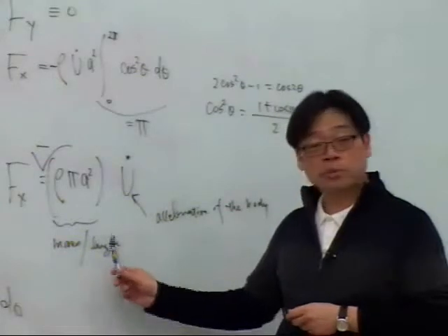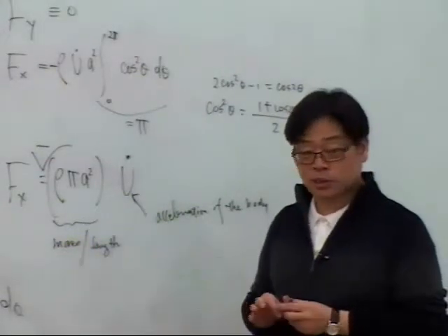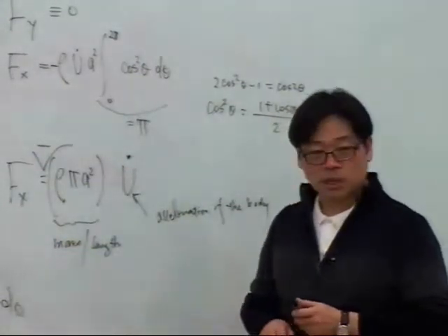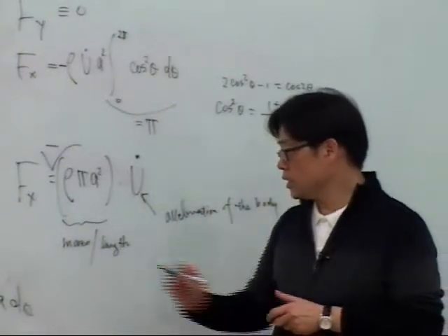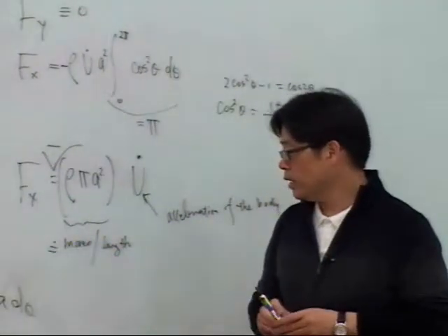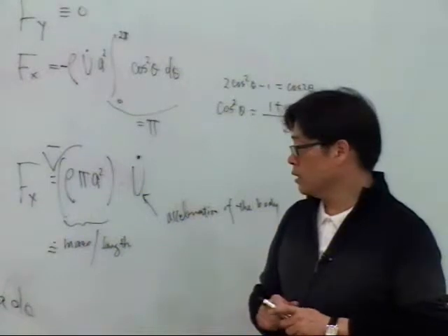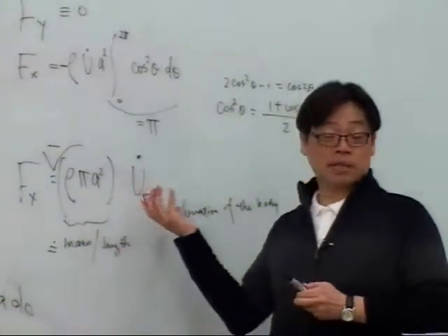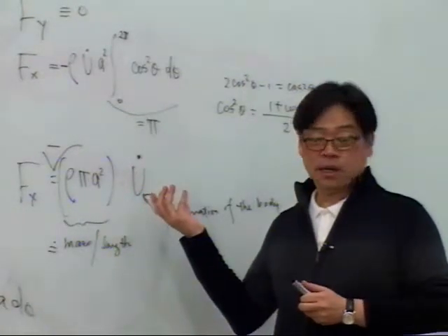We divide by length because we are looking at a 2D problem, right? In a 3D problem, you will have just mass. And so basically we have mass times acceleration.